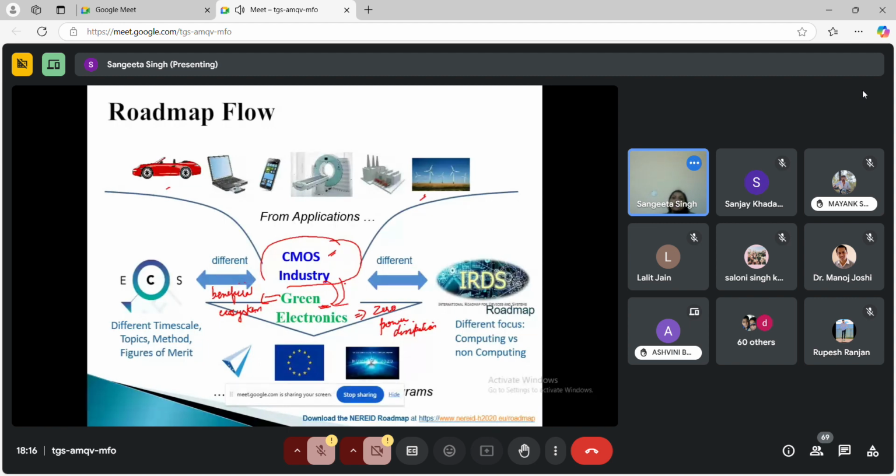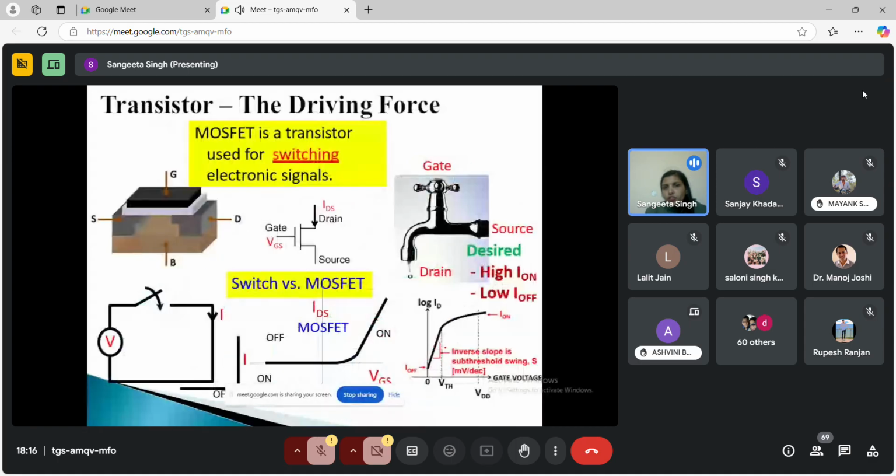You should be focused on minimizing this power dissipation. So all these four transistors that I'll be covering in my talk are based on the power minimization aspect.